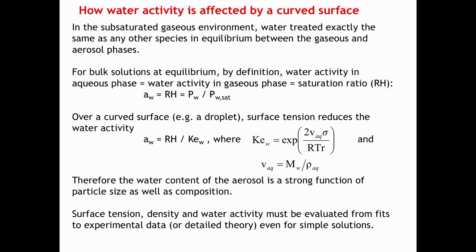Do you know why? No, that's without any curvature. So imagine that this was just in a beaker and it was a bulk solution. In reality, you wouldn't be 0.9 and 0.1 at 90% relative humidity.